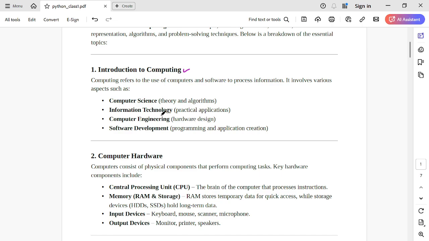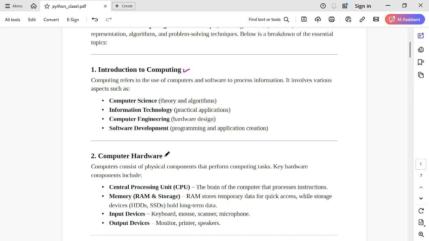Next is information technology, where computing is theoretical and practical application. In computer engineering, it is used for hardware design. And for software development, for developing programs and applications, we use computing. These are the areas where computing plays a major role.